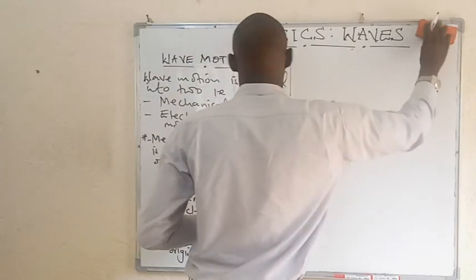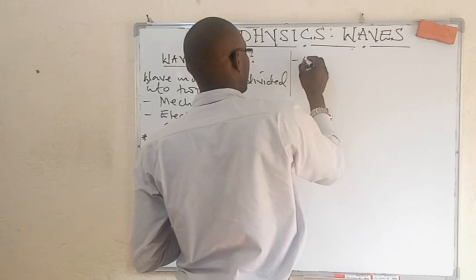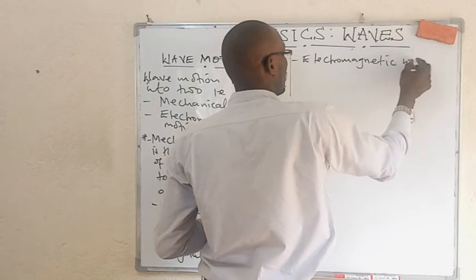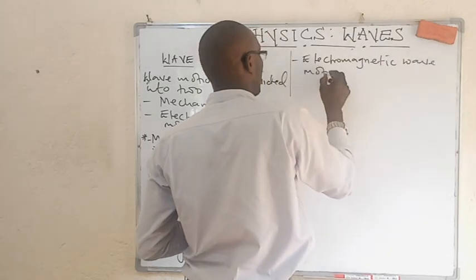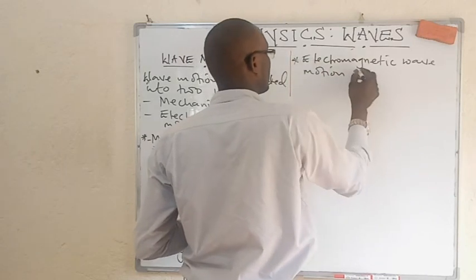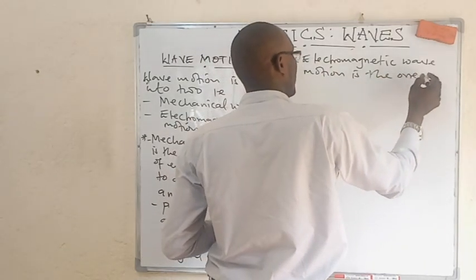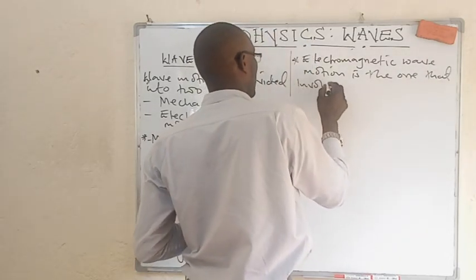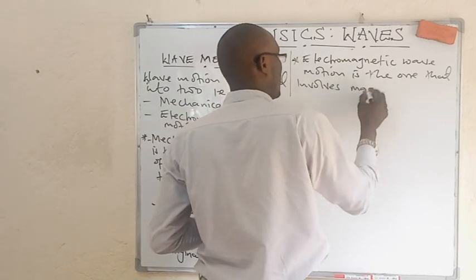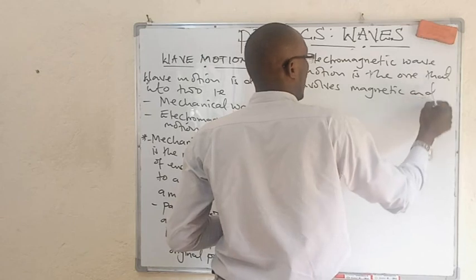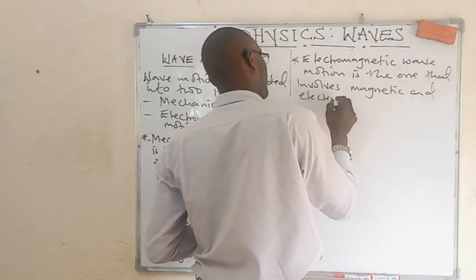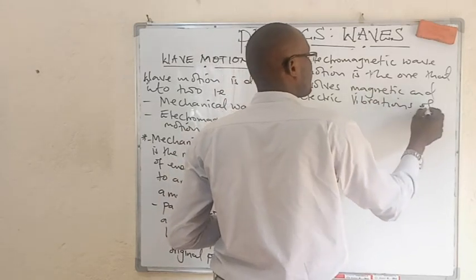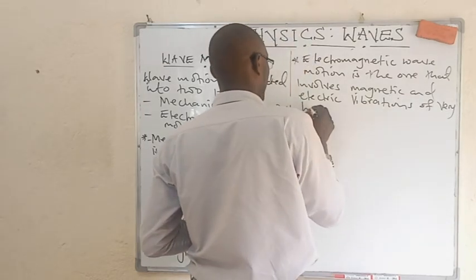So we can note that electromagnetic wave motion is the one that involves magnetic and electric vibrations of very high frequency.